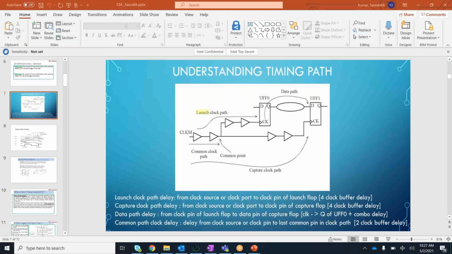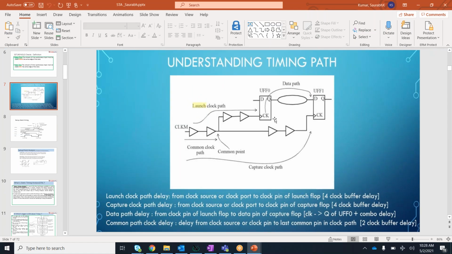A few things we need to understand. When we discuss static timing analysis, we discuss it between a pair of flops or sequential elements. It can be register to register, register to latch, register to ICG cell, register to memory, latch to latch, or any other sequential element we have in our design.